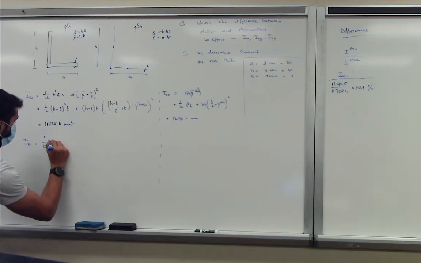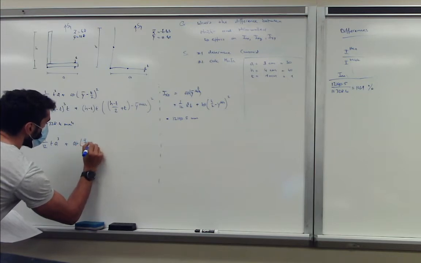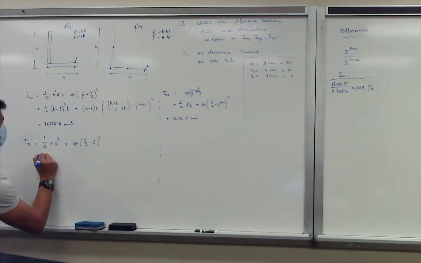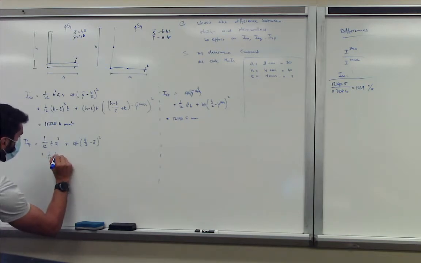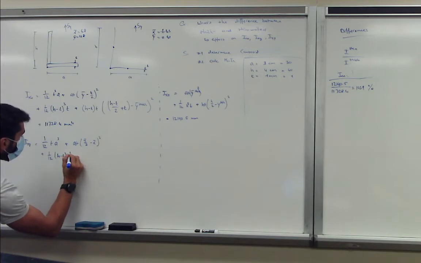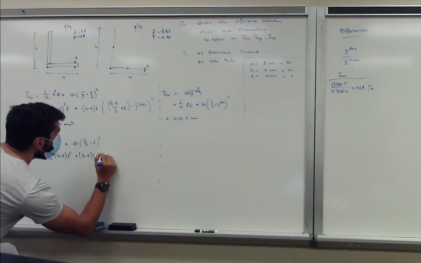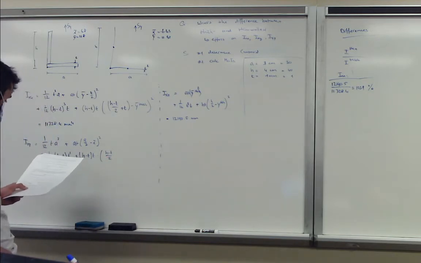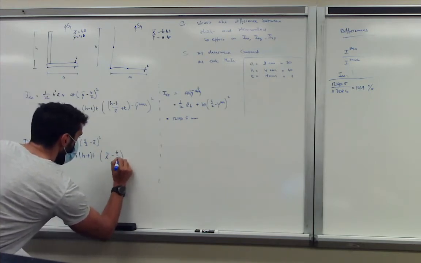So you get 1/12 t a cubed, and the Steiner term goes towards x, so you get At multiplied by a/2 minus x bar, plus 1/12 t to the power of 3 times h minus t to the power of 3, plus ht multiplied by t times x bar minus t over 2 squared.